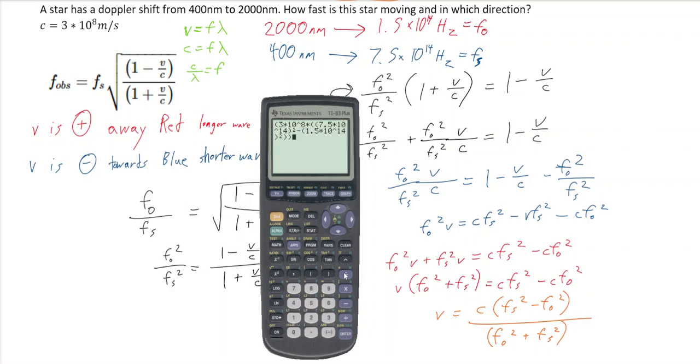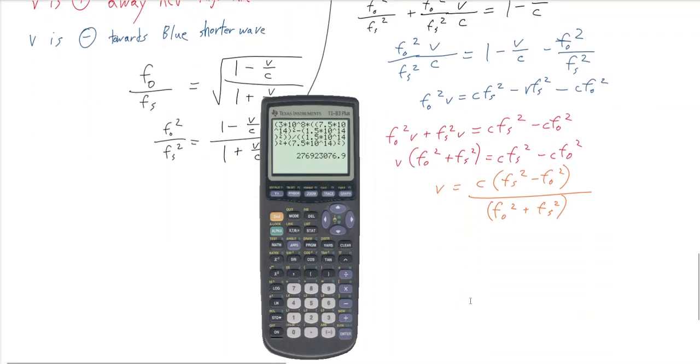We need to put one more bracket, and now divide by the whole bottom, which is going to be the observed first, so 1.5 times 10 to the 14 squared plus 7.5 times 10 to the 14 squared. And I believe that's everything. Okay, lots of brackets, but I think it's good now.